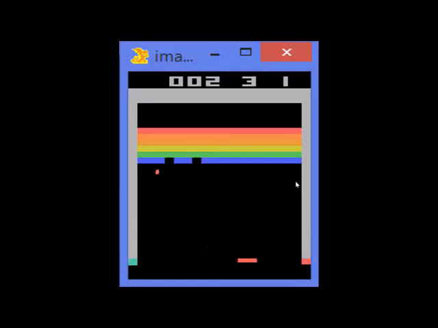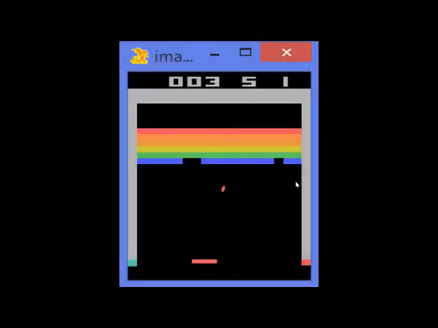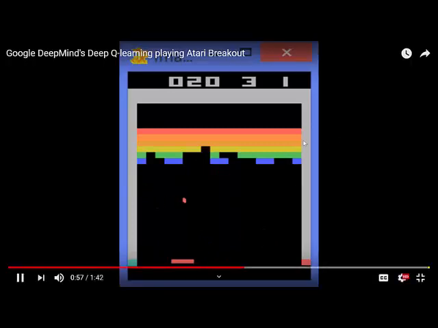These systems have no common sense. So they can definitely do things that look crazy to us. They can look like they're playing brilliantly, and then you change something tiny about the game. Like maybe you just shuffle these colors around.